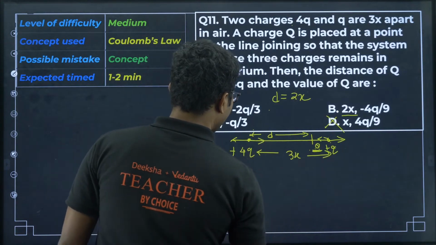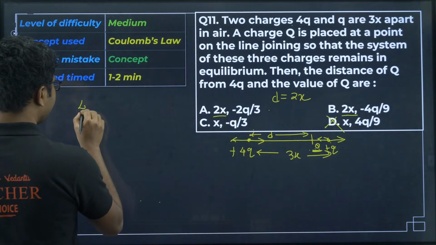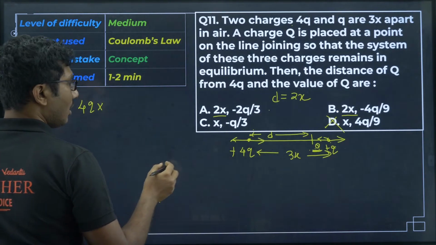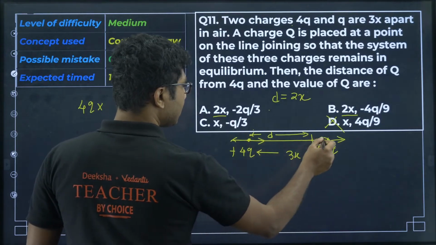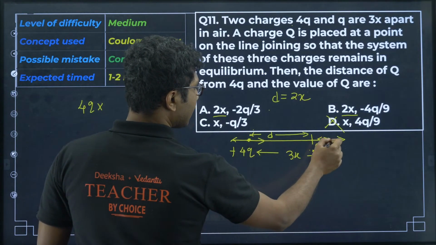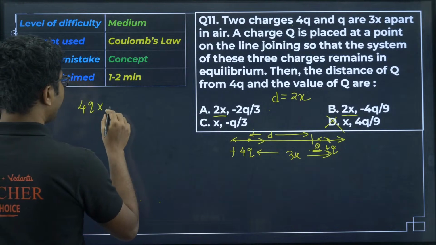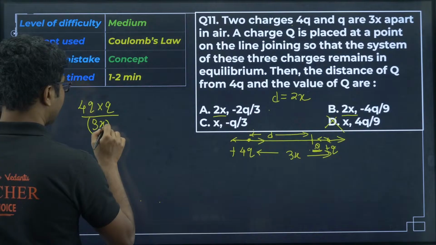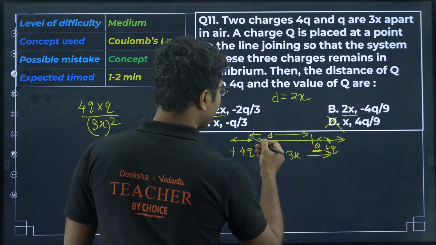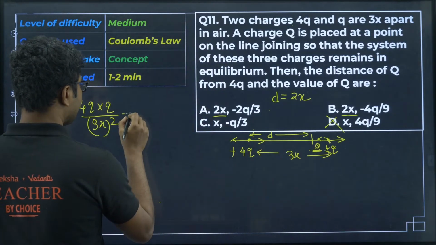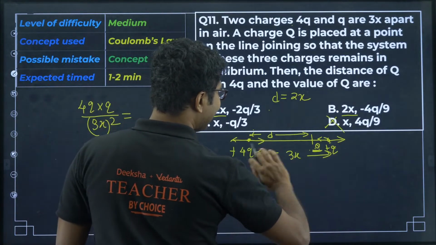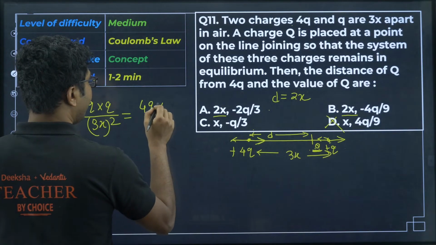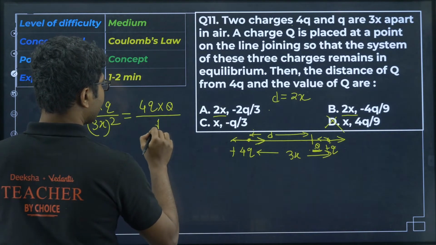Now, what is the equilibrium for this charge? For 4q there are 2 forces, one due to capital Q and another due to small q. So 4q into small q divided by 3x whole square is the force due to small q, which is repelling it in the away direction, and the other one will be attracting it towards capital Q, which will be 4q into Q divided by d square.